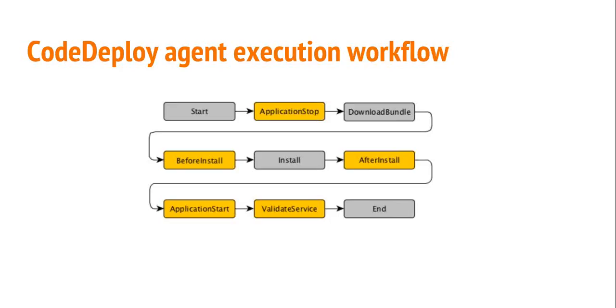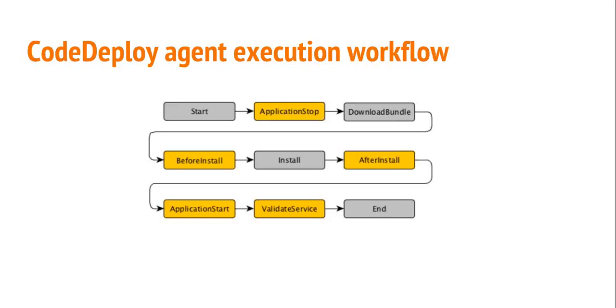After moving files, if you want to change the permissions on the files or change the owner of the file, whatever actions you require after installation, we can write in the after install step. Next we start the application, and once it starts, we have to validate it.